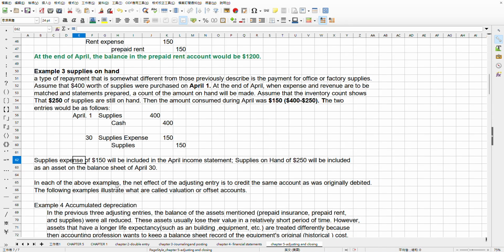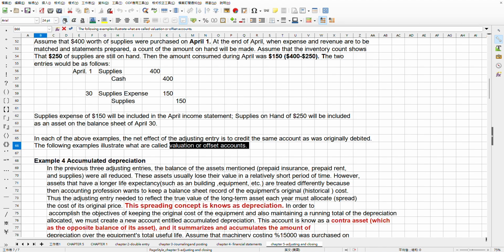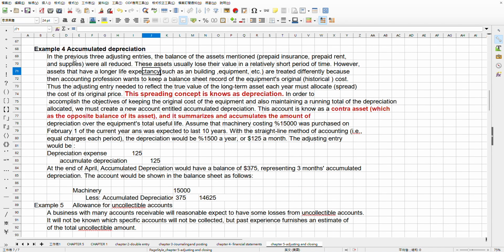In each of the above examples, the net effect of the adjusting entry is a credit to the asset account, and the same amount was originally debited. The following examples illustrate what are called valuation offsets, such as accumulated depreciation. In the previous adjusting entries, the balances of the assets mentioned, prepaid insurance, prepaid rent and supplies, are reduced.